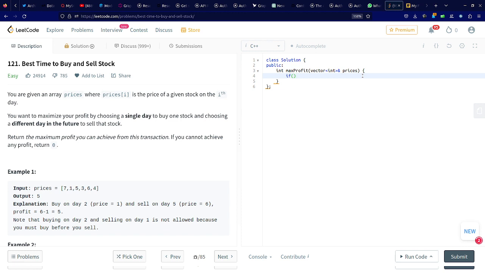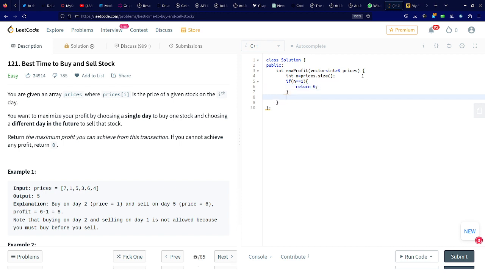So we have to see. Okay, let me start. So if n equal to 1, if the length of the array is 1, then the profit will be 0.